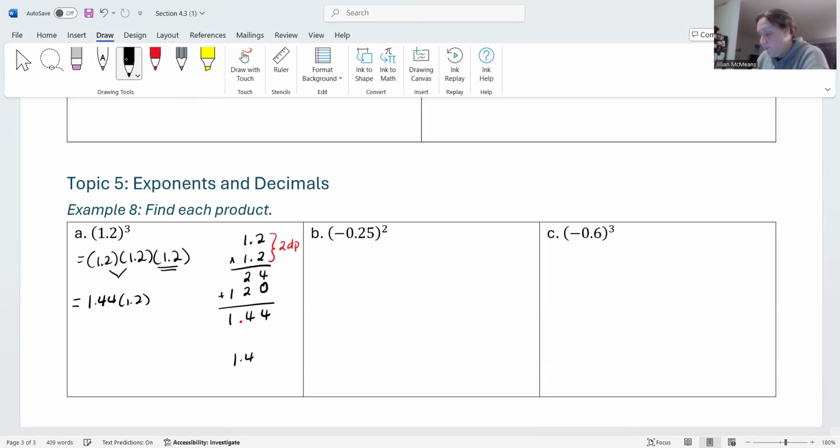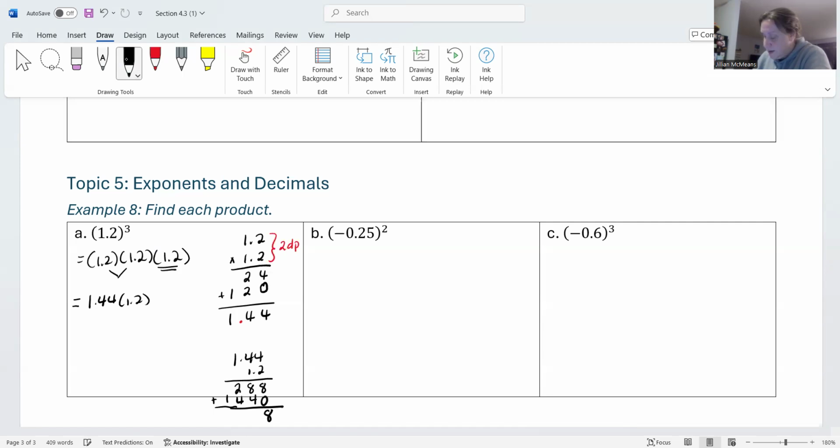So I've got 1.44 times 1.2. Well, 2 times 4 is 8. 2 times 4 again is still 8. And 2 times 1 is 2. We're going to multiply by what's in the tens place. So put our 0 placeholder, and then we just multiply by 1. So 1 times 4 is 4. 1 times 4 is still 4. 1 times 1 is 1. We add our partial product.